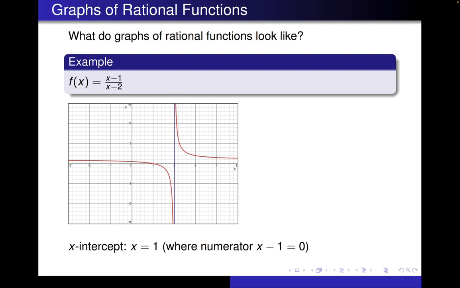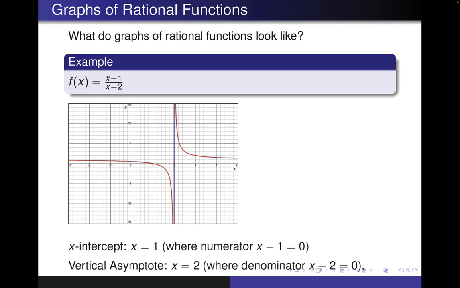Again, if you take a look at the formula for the rational function, that's not terribly surprising either. That vertical asymptote at x equals 2 happens exactly where the denominator equals 0. Where the denominator equals 0, we'd expect very tiny values for the denominator. And remember, when we divide by a tiny number, that gives us a huge number.